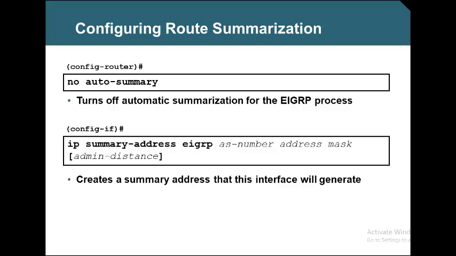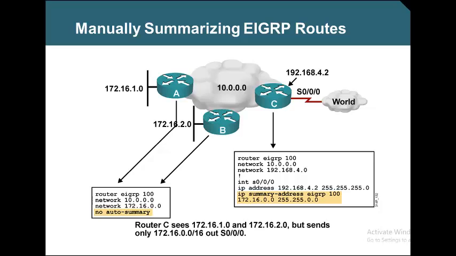Show IP route, I told you that will point towards null zero. Here they are summarizing. Here they are using global summarization. No, canceling global summarization. Here they are summarizing 172.16. Then 172.16 should point towards null zero. Let us check. Yeah, here it is.